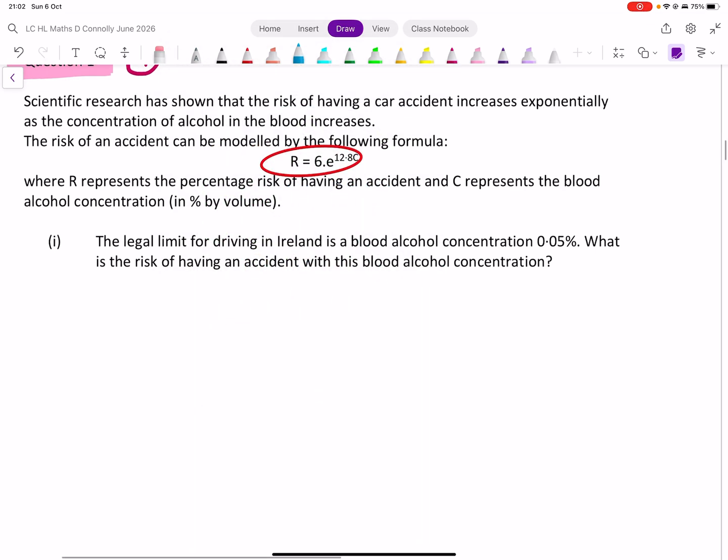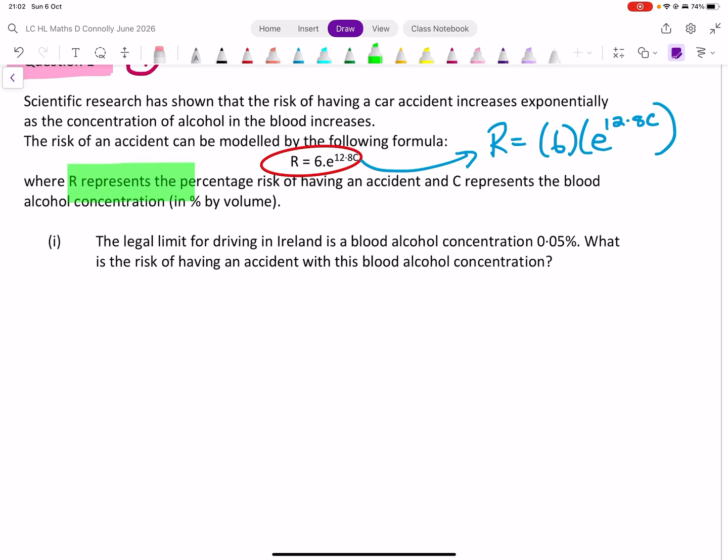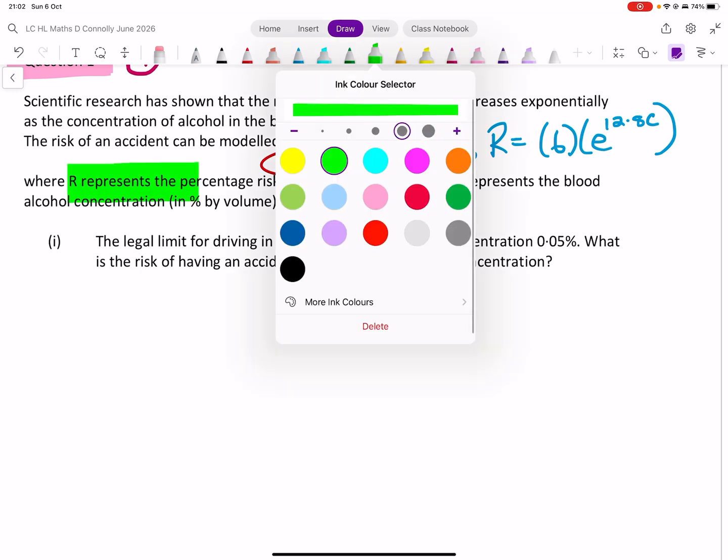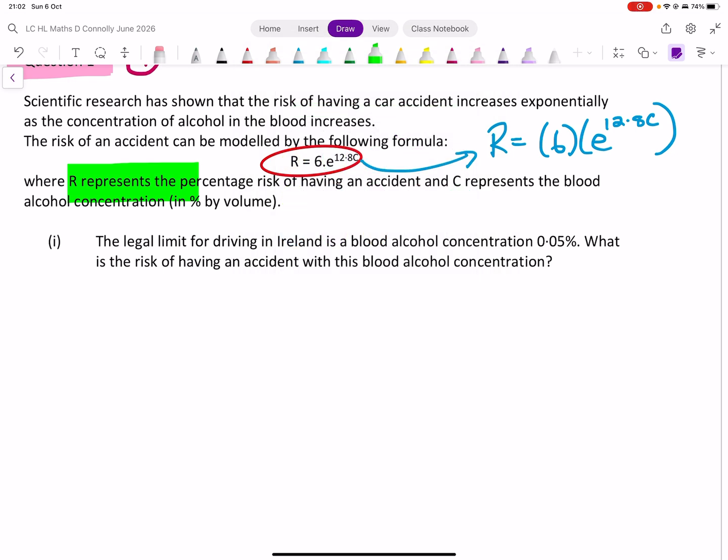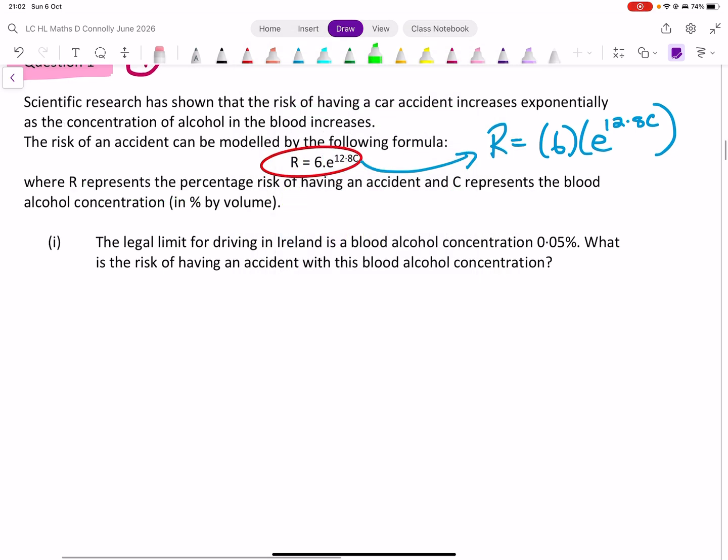That R equals 6e^(12.8c) is like 6 multiplied by e to the 12.8c. R is the risk of having an accident.